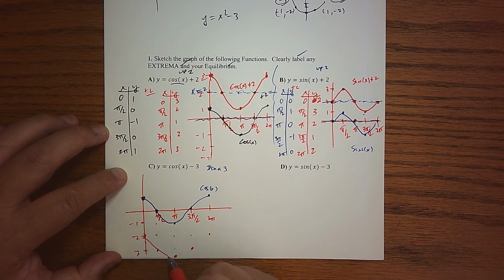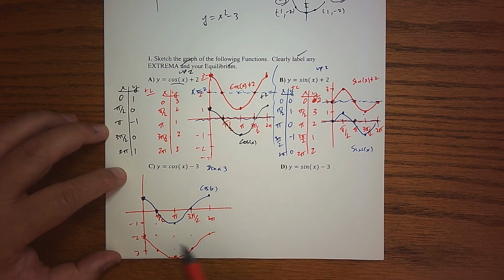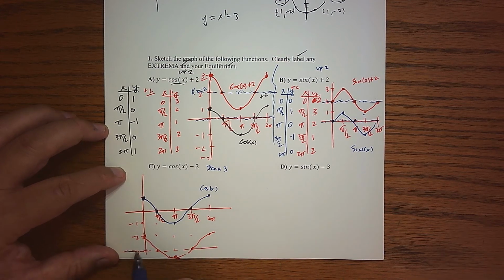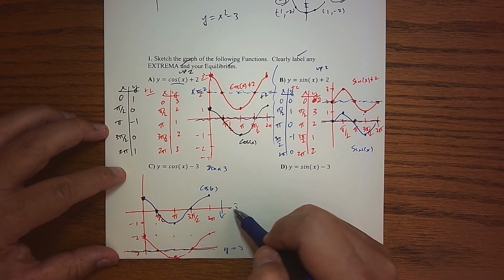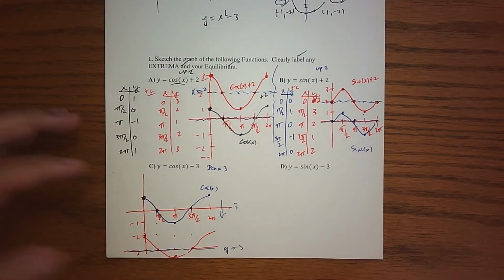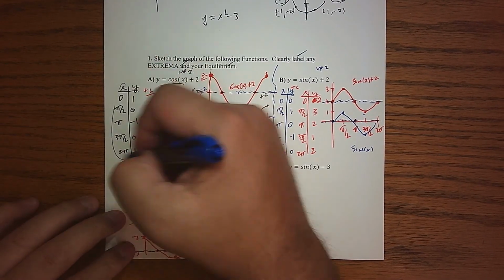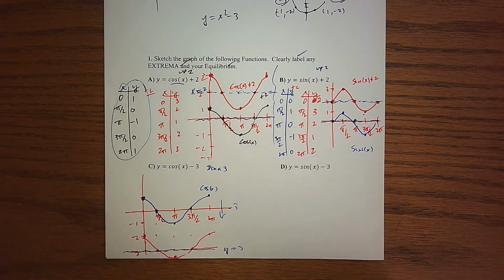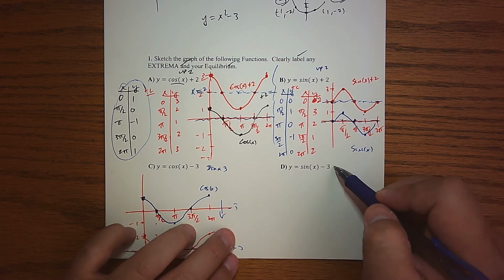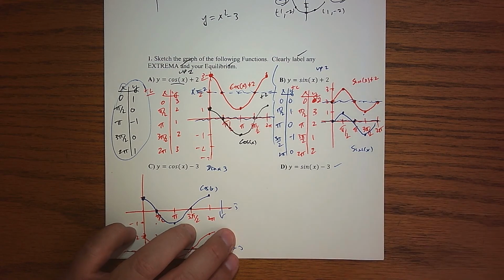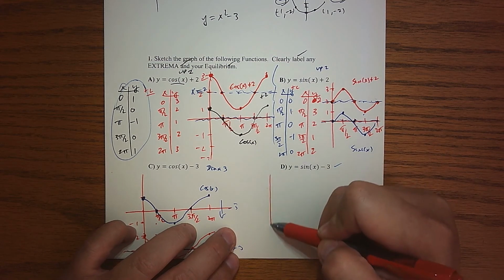So our graph is going to shift down by 3, and our equilibrium is now, let me put that in blue, y equals negative 3. So everything has been shifted down by 3 units. So I manipulated the points, but you see me basically subtracting 3 from all the y values. And same thing here, again, we're going down.